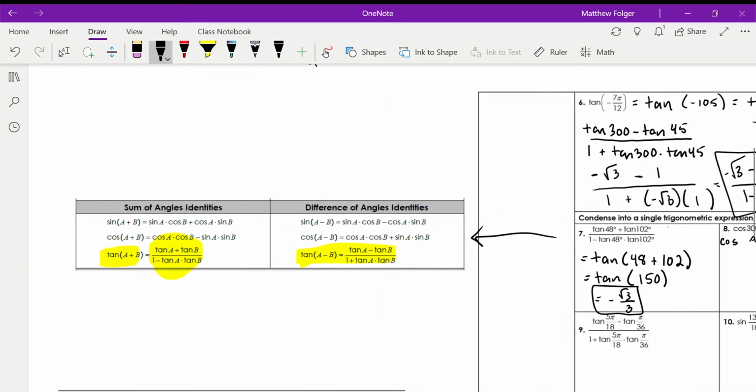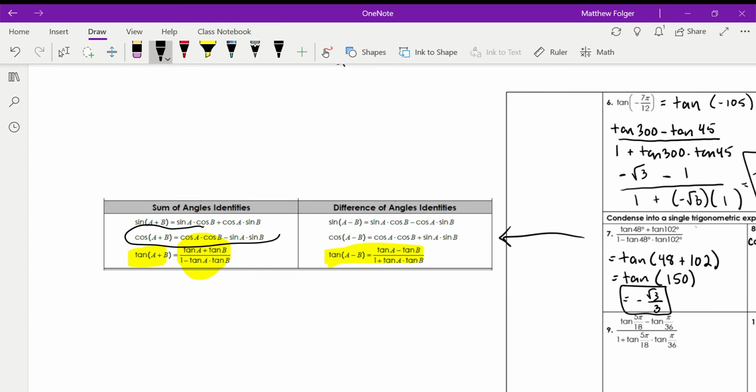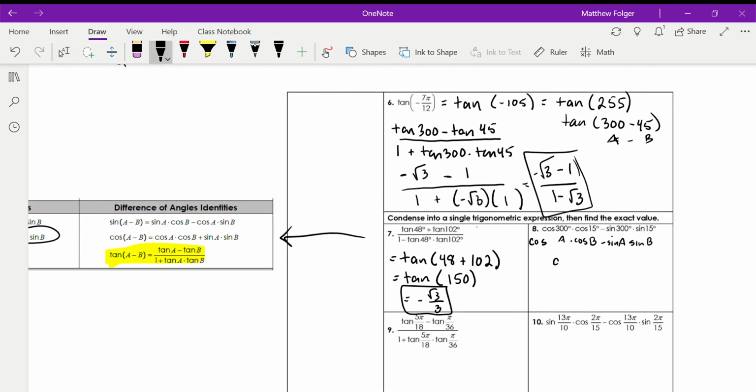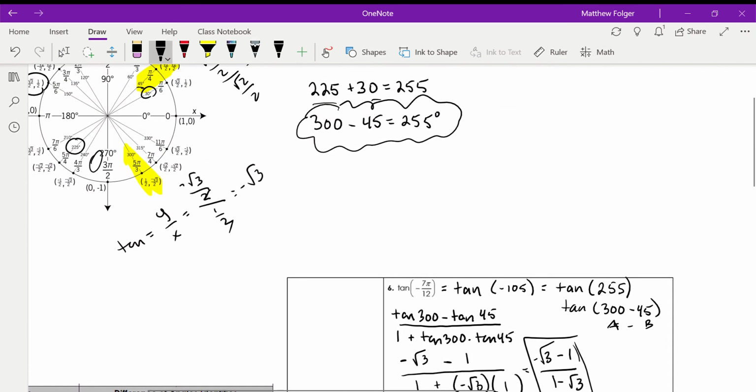Well, the one that has a minus in between is this one. So it's cos of A plus B. So cos of 300 plus 15, which is cos 315, which is the x value at 315, which is square root of 2 over 2.